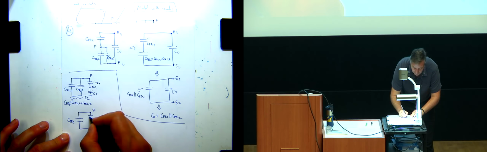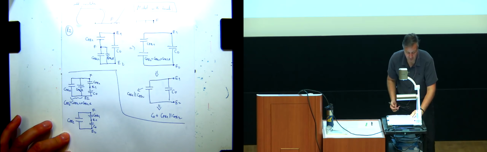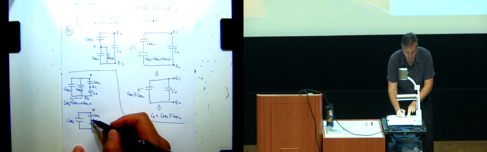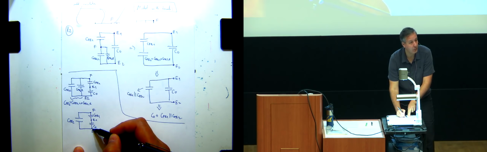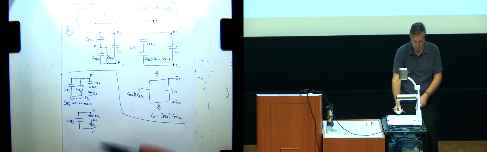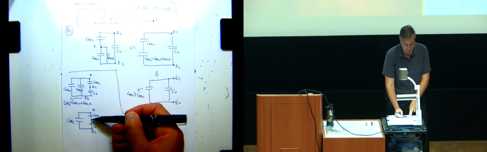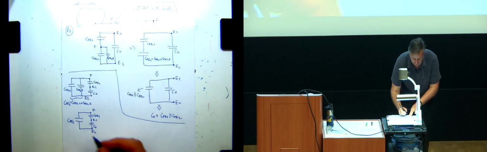And then I have still these two capacitors between E1 and E2, so C0, CF E1. That hasn't changed. That's this branch over here. Now, I go around this loop between E1 through F and to E2. That's a series connection, right? I'm just going up. E1F, F, E2. Those are two capacitors.